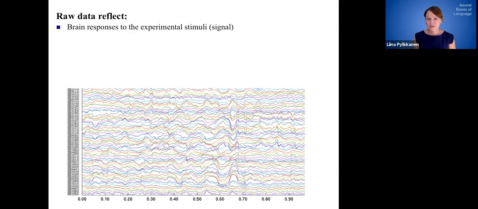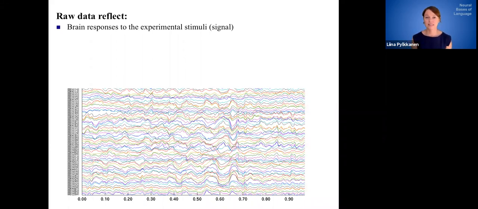So signal is what we talk about when we're talking about the brain's responses to the stimuli that we actually want to study. So if I want to study, well, how does the brain find the meanings of words, then I'll be presenting the subject with words, and I'm really interested in the activity that's reflecting the word processing, but I need to somehow extract that from all the other stuff that's happening.